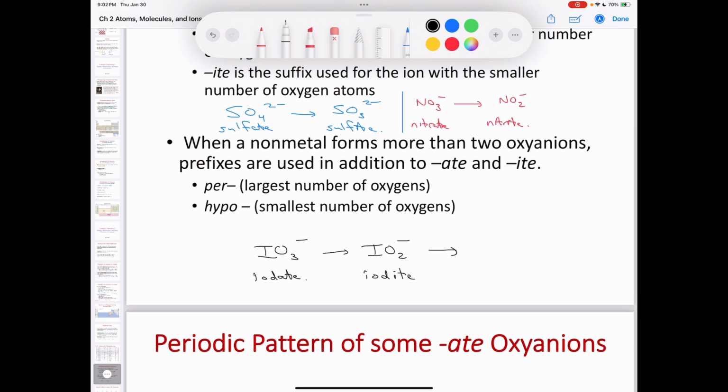But then it says if you lose even more oxygen, so if you just have IO minus, then it would be hypoiodite. Hypoiodite. Sorry, guys, it's late at night here and I'm tired. Anyhow, and if you have IO4 minus 1, then that would be periodate, okay? Something like that, okay?